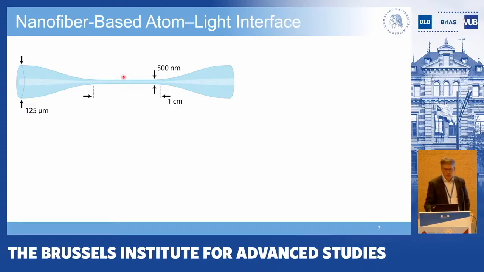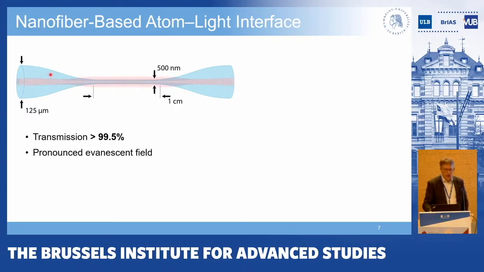So the nanofiber is realized, as Takao showed, in the form of the waist of a tapered optical fiber. And the nice thing is that if you now launch light through this fiber, you can have sub-percent losses or even sub-per-mil losses, as Takao showed. And we have this pronounced evanescent field.